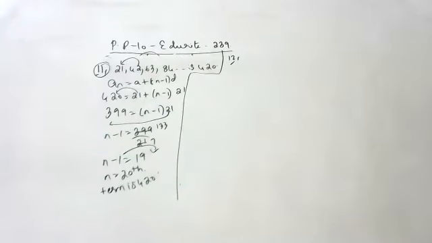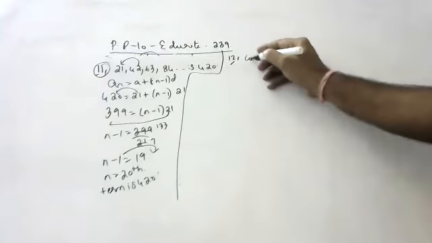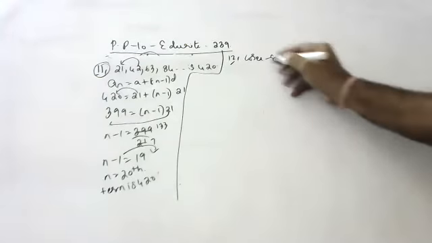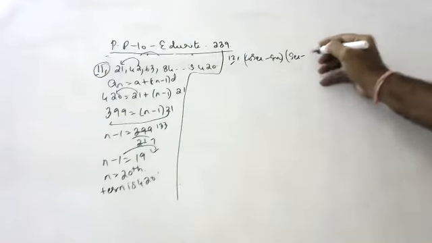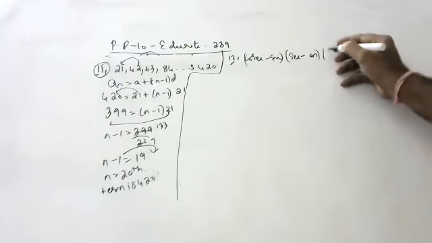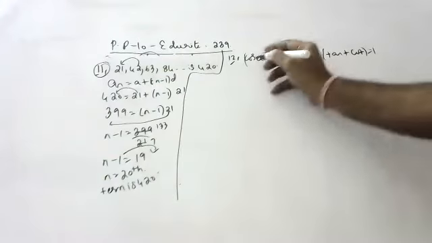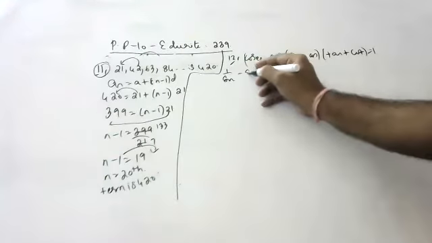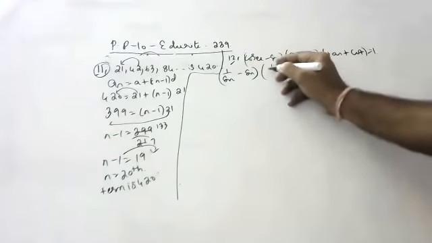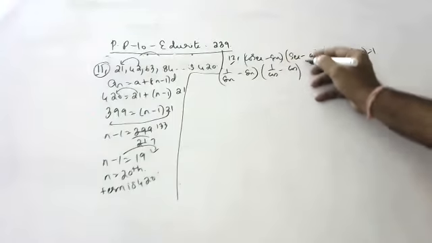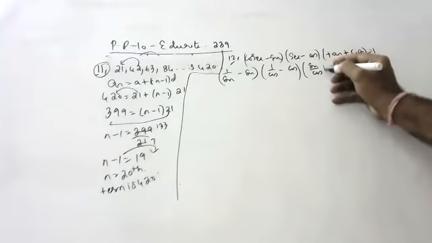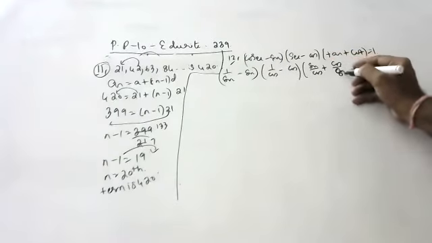12th question. It is very easy. Prove the trigonometric identity: cosecant minus sine into secant minus cos into tan plus cot, you have to prove, is equal to 1. Cosecant means 1 by sine minus sine, 1 by cos minus cos, tan is sine by cos plus cos by sine.